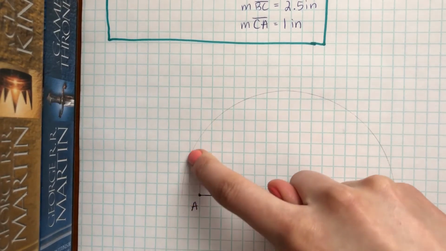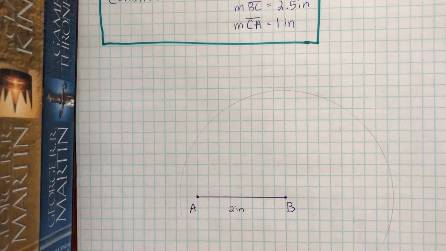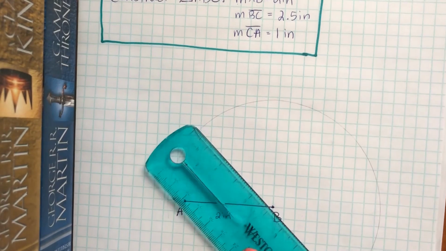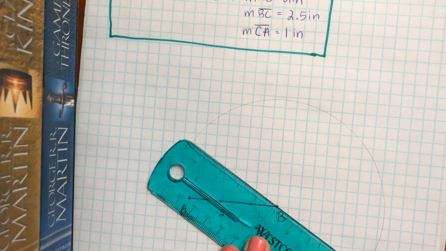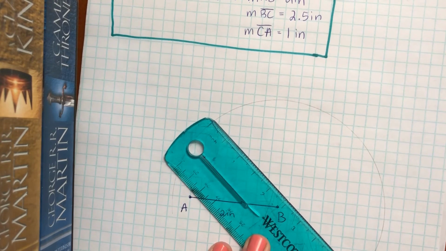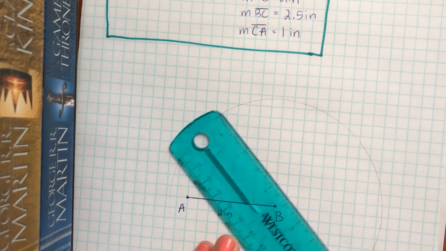And all of the points along here should be 2.5 inches away from B. Just about.